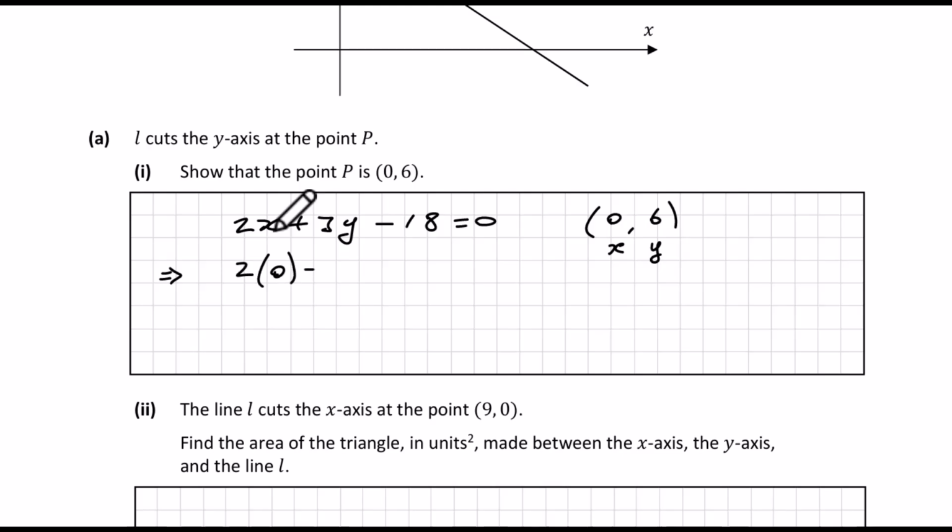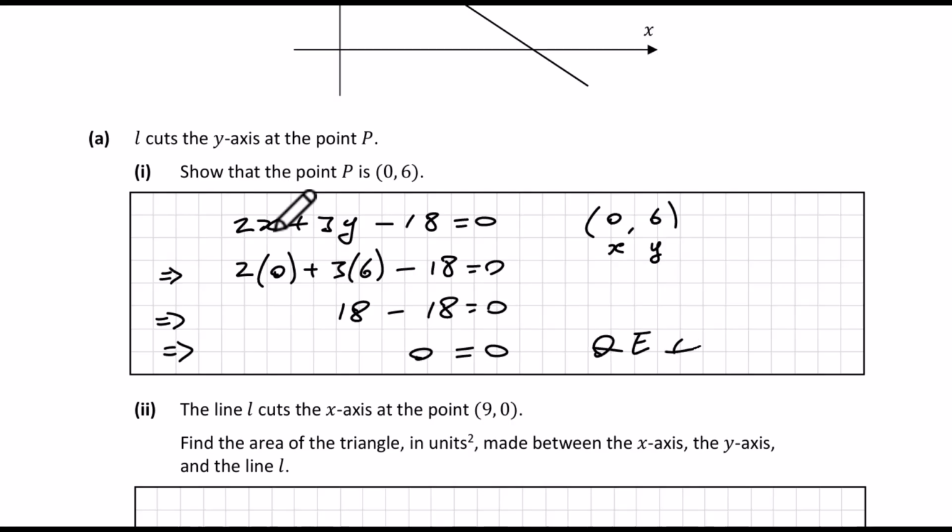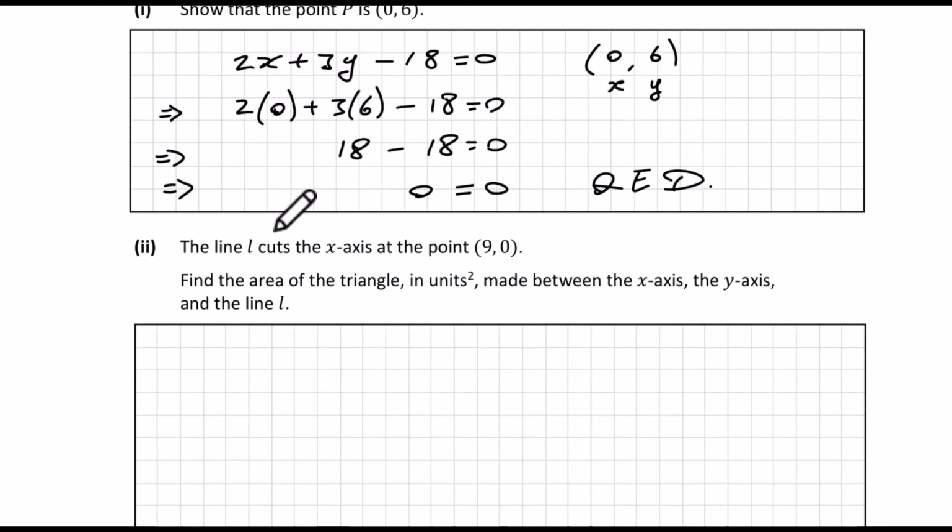So it's 2 times 0 plus 3 times 6 minus 18 equal to 0. Let's see, do we? Well, 2 times 0 is 0, 3 times 6 is 18, minus 18 equals 0. So we do get 0 equals 0, and that is it. So because we got the left-hand side equal to the right-hand side, the point is on the line.